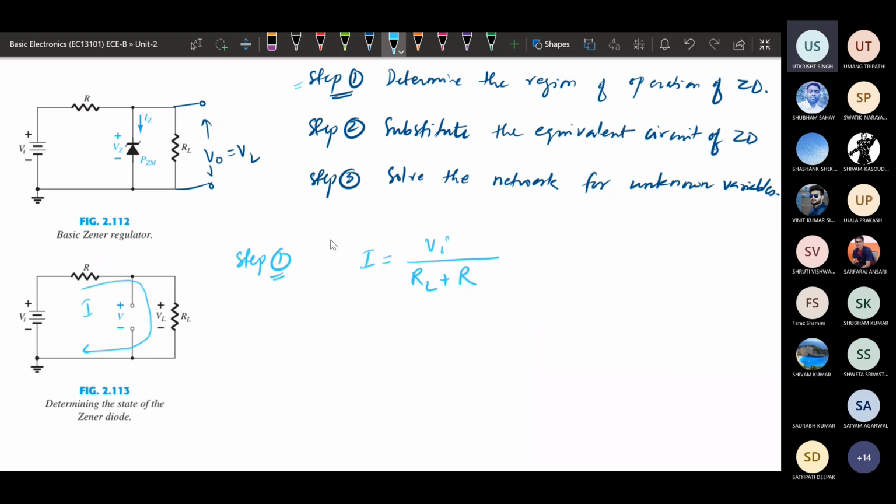Now, this V is equivalent to the voltage across the load resistance.